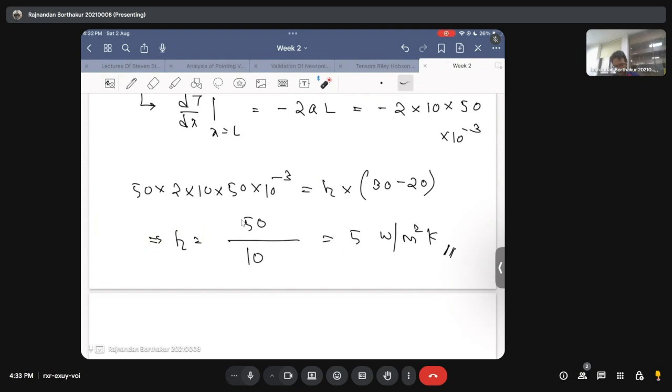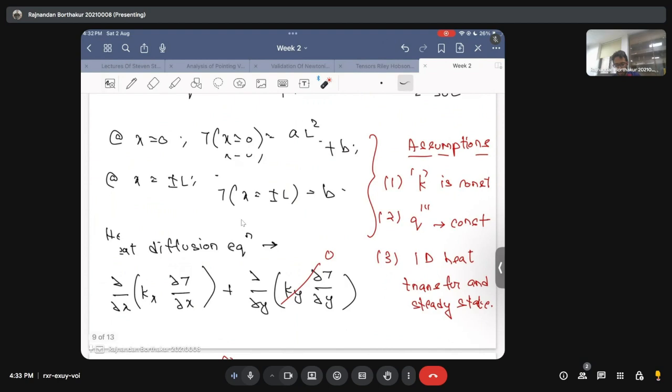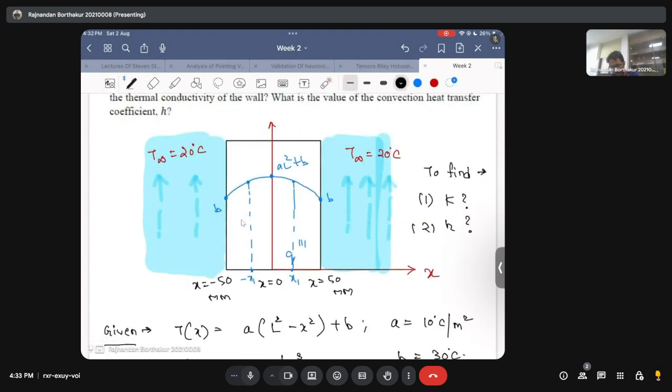But in order to understand that step, we need to again draw a control volume, as I was saying. Okay, so what you need to do is, let's say we are given the same scenario, that is the same problem, and we are now just asked to calculate what will be the heat transfer coefficient. Okay, so without the knowledge of the temperature profile, you can calculate the heat transfer coefficient just by knowing how much is the heat generation, and of course the dimensions of the slab.